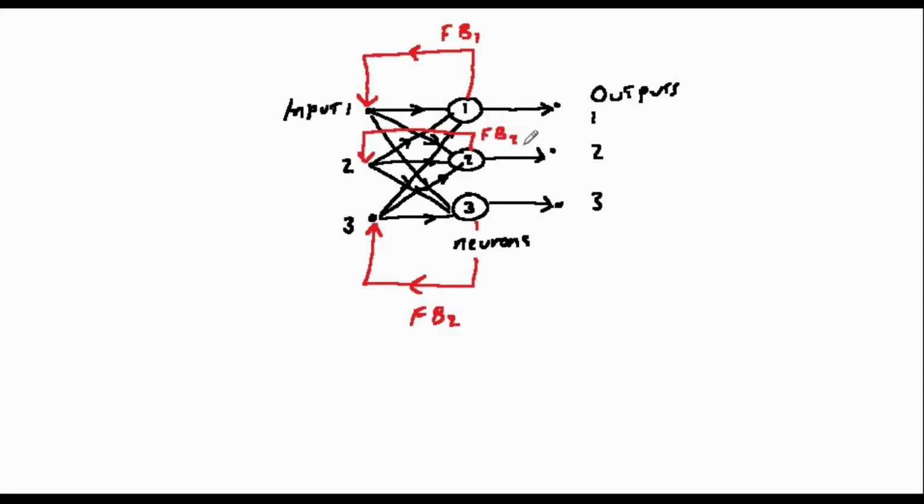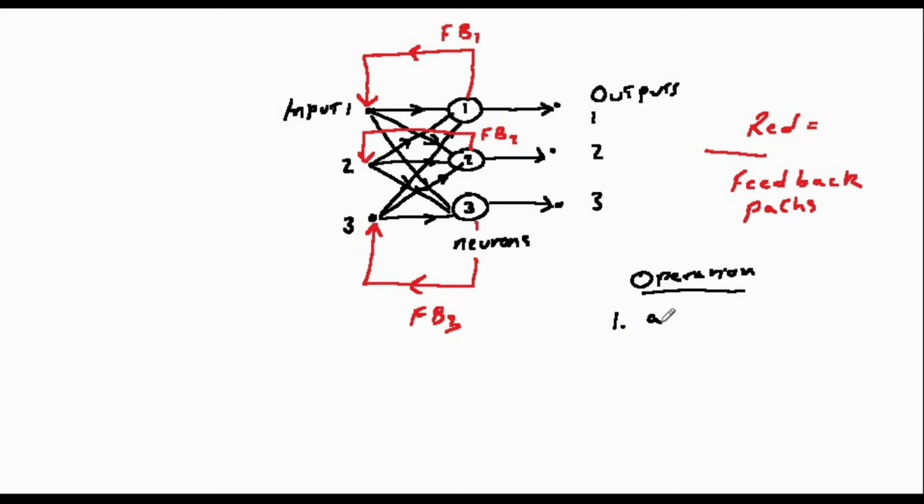The neurons act like simple threshold units, but with outputs of +1 and -1. So a 0 output is -1 and a 1 output, or an on state, is +1. To run a pattern through the network, it is first applied to the inputs and the outputs are calculated as normal.